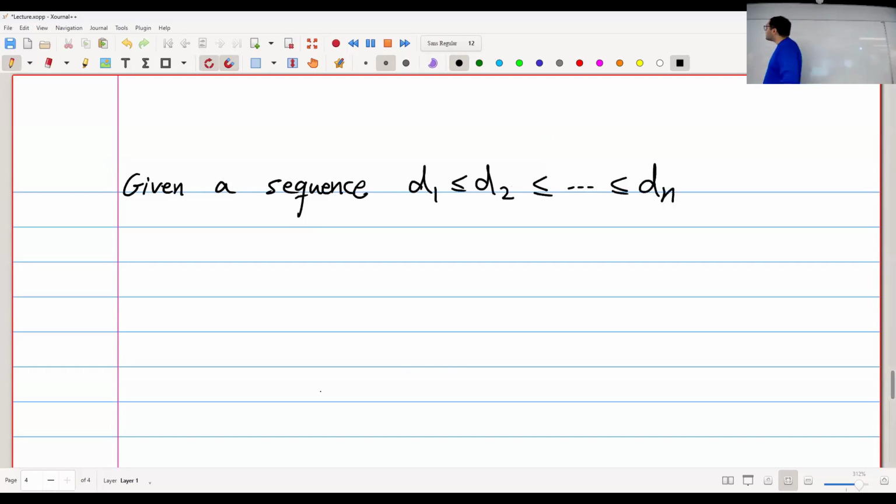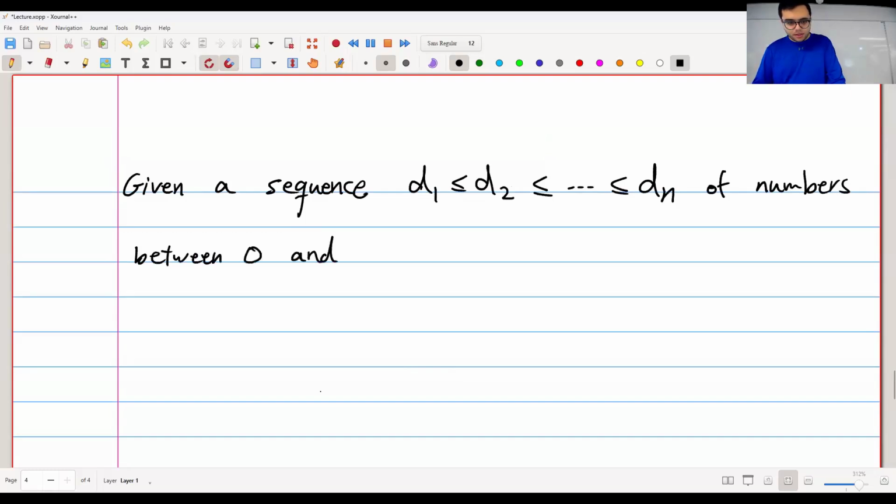And let's say that all of these numbers are between 0 and n minus 1, because those are the numbers that can be degrees of vertices in an n vertex graph. So given a sequence of numbers between 0 and n minus 1, the question is: is there a graph with this degree sequence?